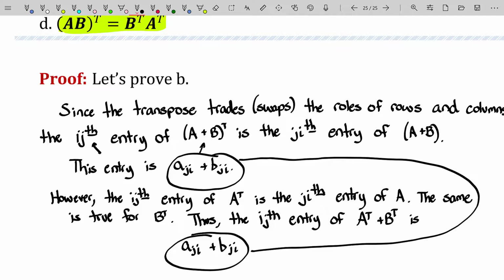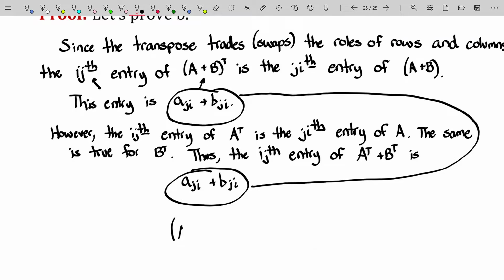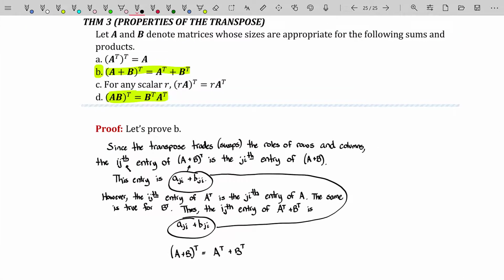Since those two entries are the same and i and j were arbitrary, that means that (A plus B) transpose must be the same as A transpose plus B transpose. And that is the proof of B right up here.